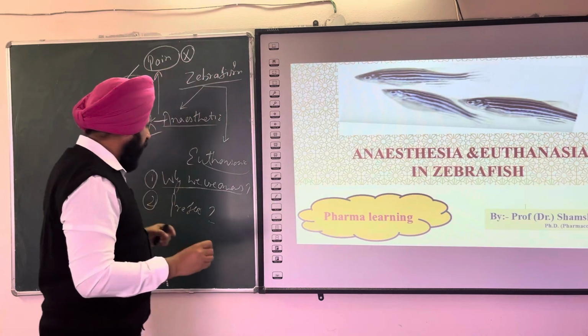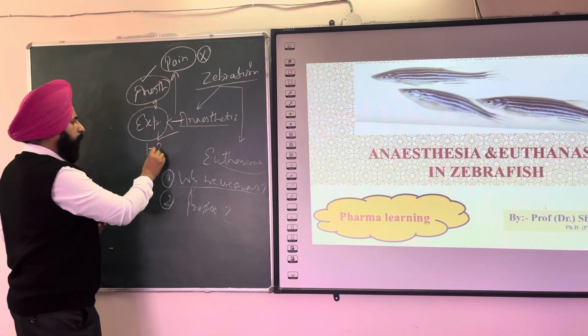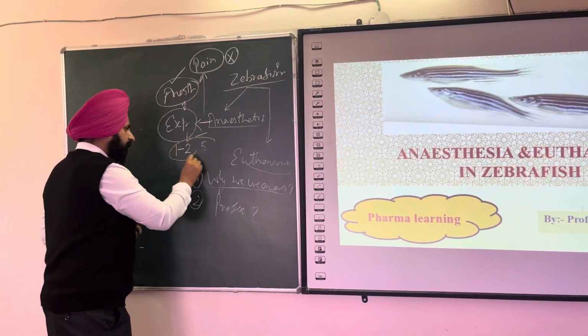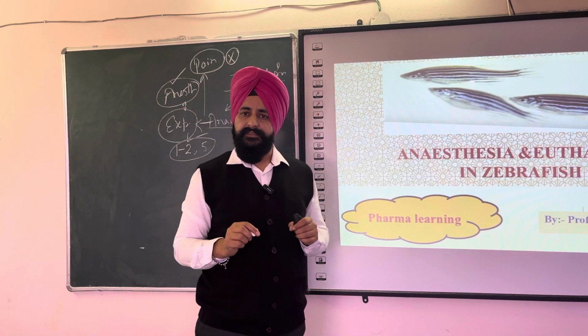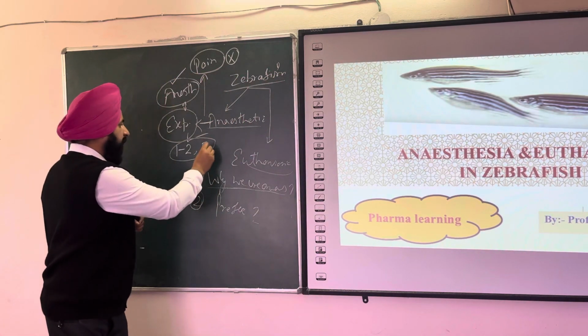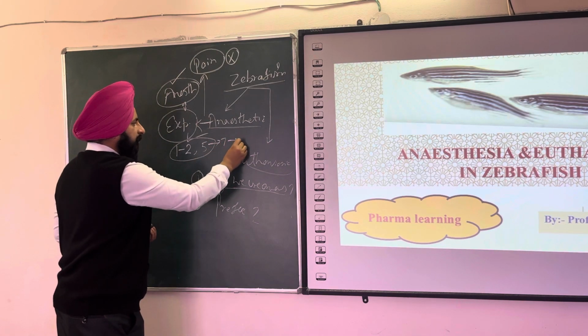Suppose your experimental duration is only 1 to 2 minutes or 5 minutes, then you should choose an anesthetic substance which can provide anesthesia to the animal for 7 to 10 minutes.